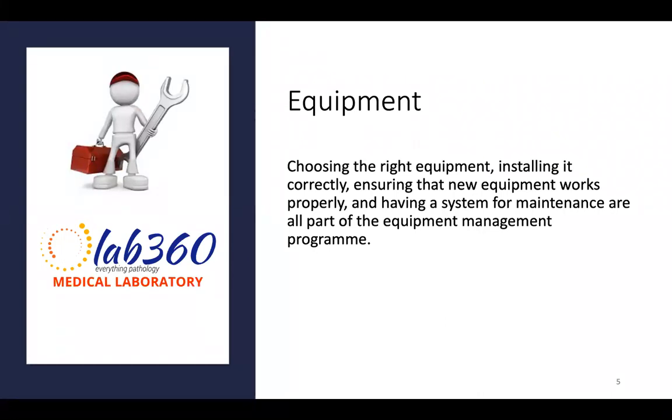So before you go into accuracy of your results, you need to purchase the right equipment. You need to ensure that the equipment are installed properly. Preventive maintenance needs to be done on the equipment as well to ensure that they are functioning at all times. And this would obviously lead to accurate and timely results.